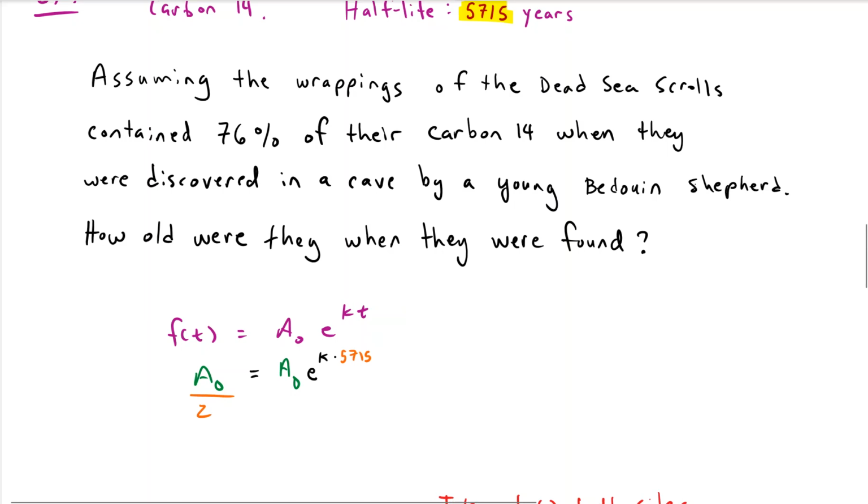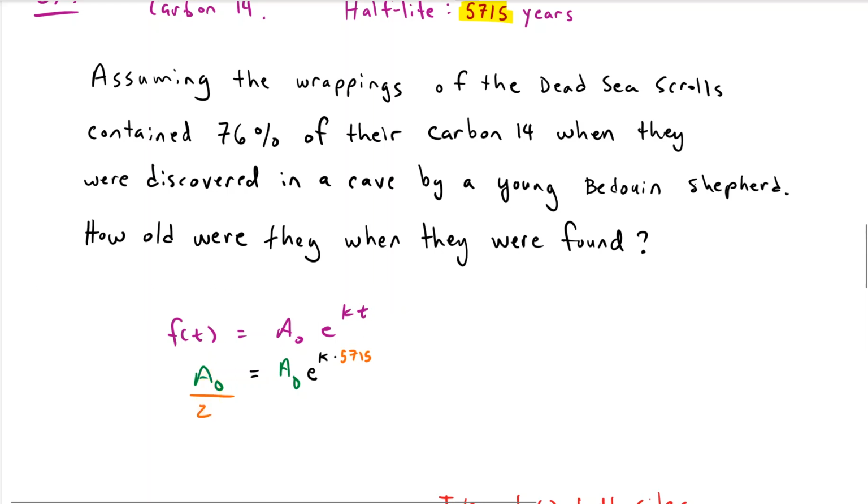So at time 0, we have A0 amount, whatever it is, however much there was originally of the carbon-14 in the plant material. And after 5,715 years, we now have half of the original.